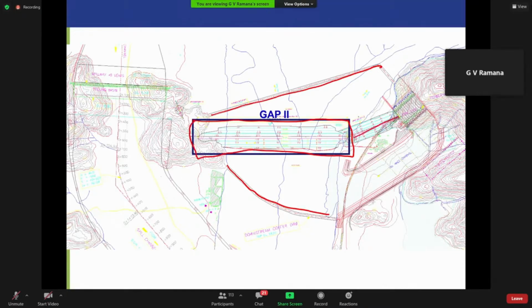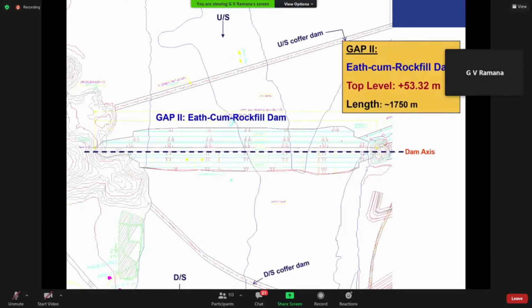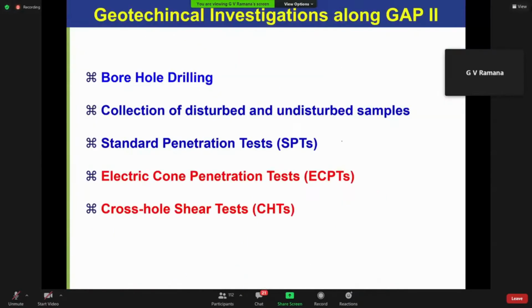There is a small portion of the dam here, but the Gap 2 portion of the dam is primarily located in the river portion. It is about 1.75 kilometers long, and the height of the dam is about 45 to 50 meters along that stretch. As usual, I got involved right from the geotechnical investigations.